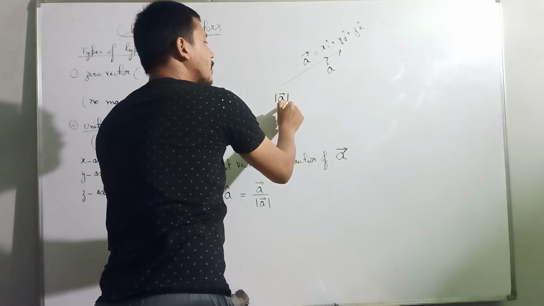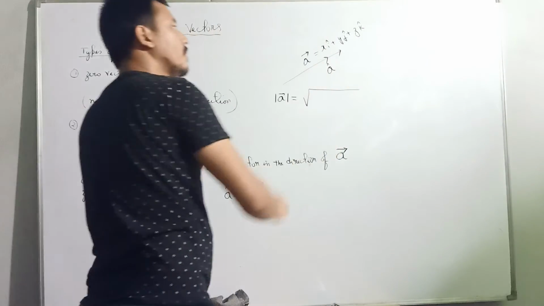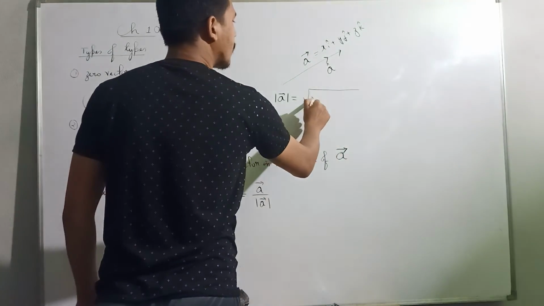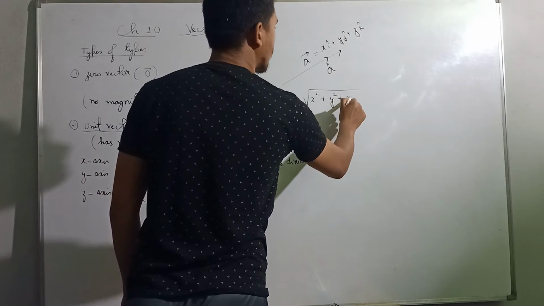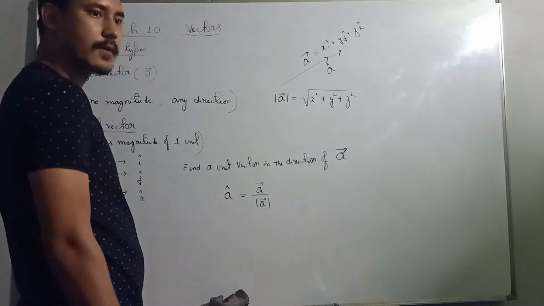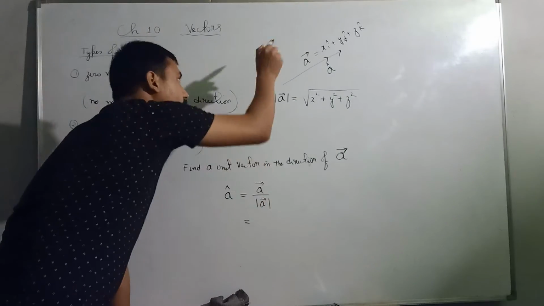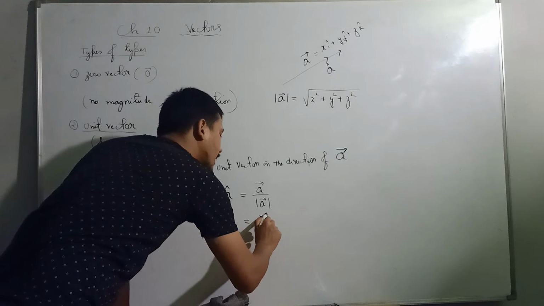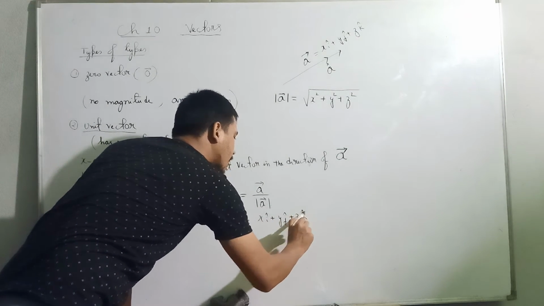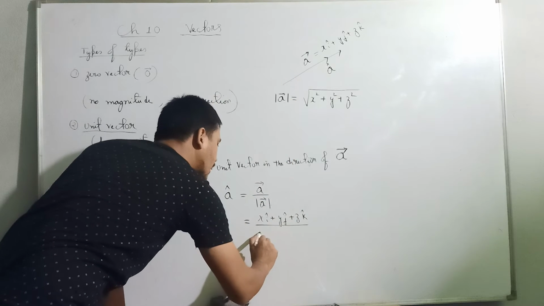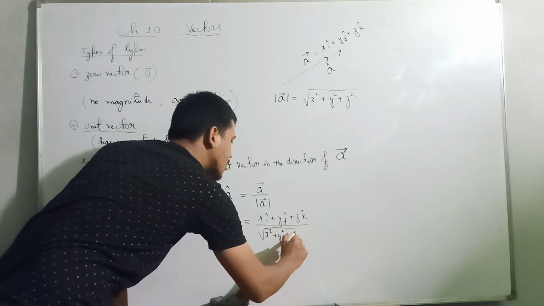The magnitude of vector A will be given by the square root of component of x square plus component of y square plus component of z square. So your unit vector A cap will be vector A, that is x i cap plus y j cap plus z k cap, upon the magnitude of A, which is the square root of x square plus y square plus z square.